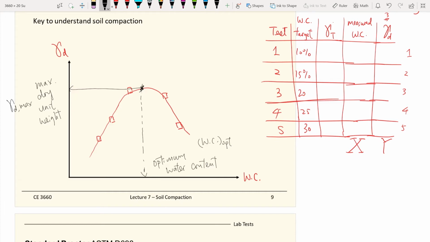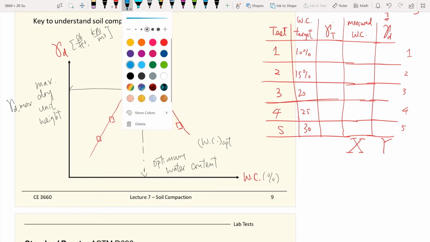This point is very important, and understanding how to get that point is very important too. The unit of maximum dry unit weight could be something like pounds per cubic feet, or kilonewtons per cubic meter. And the x-axis is water content, so it's a percentage.